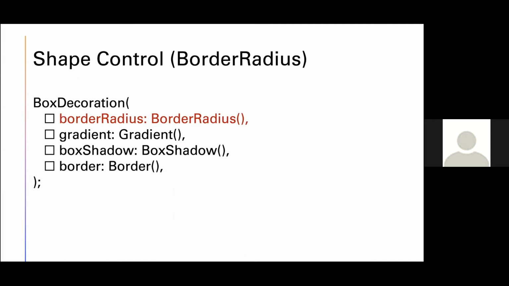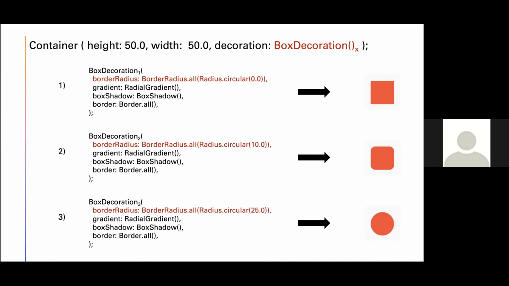First off, we're going to talk about shape control, which is the border radius. Here I have an example of a container with a height and width of 50 by 50. It takes the property of a decoration, which is a box decoration, and I'm putting one of these 3 box decorations into this container.